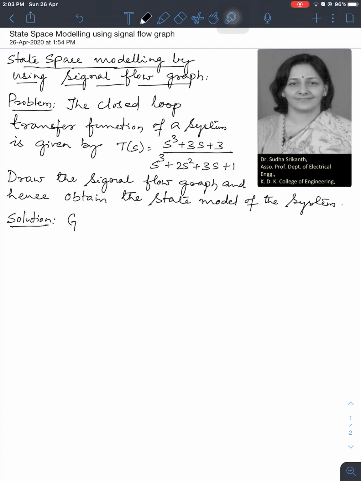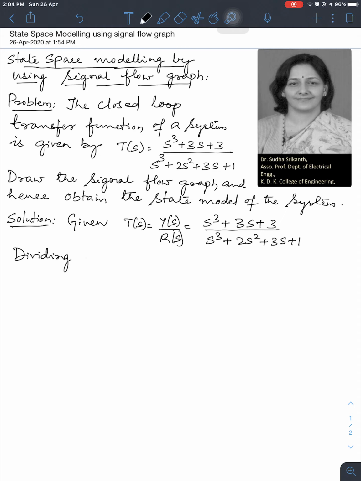So given the transfer function, we will write T(s) as, let us say, the output to the input ratio, a Laplace transformed version. This is equal to (s³ + 3s + 3) divided by (s³ + 2s² + 3s + 1). We will divide the numerator and the denominator by s³.